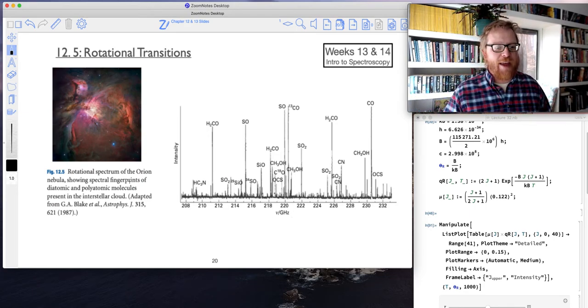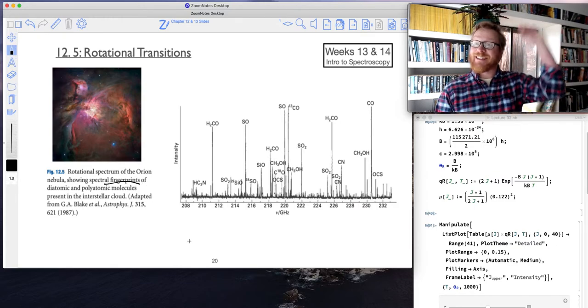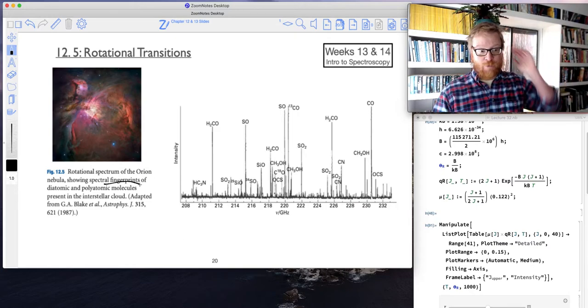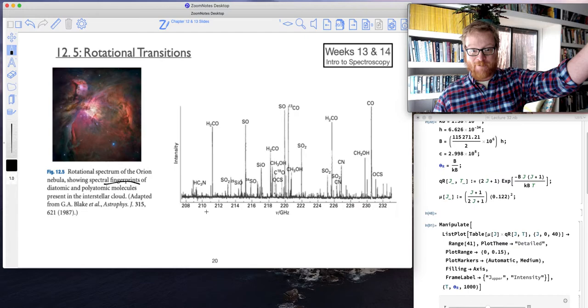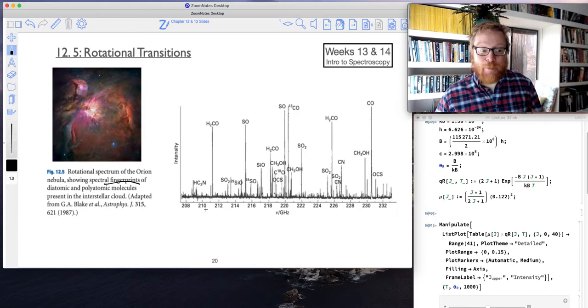But this gives you a fantastic fingerprint of molecules that might be in some distant celestial body, such as the Orion Nebula, millions, billions, trillions of miles away. And we know what's in it because of the microwave fingerprint, which is really, really cool.